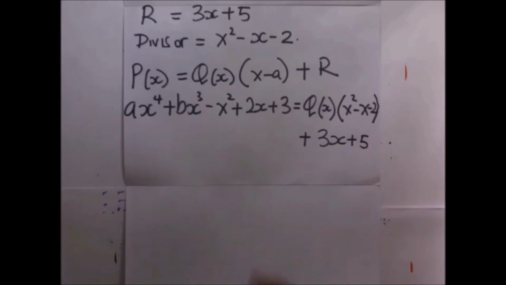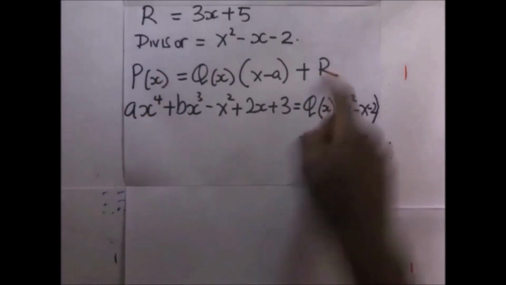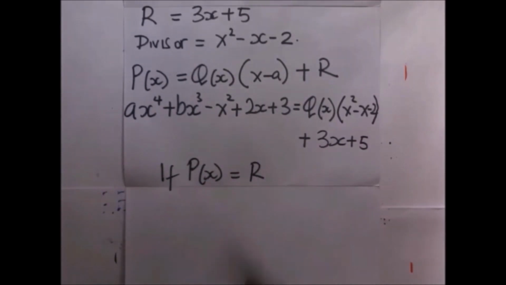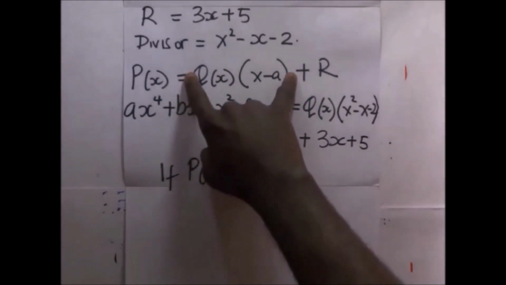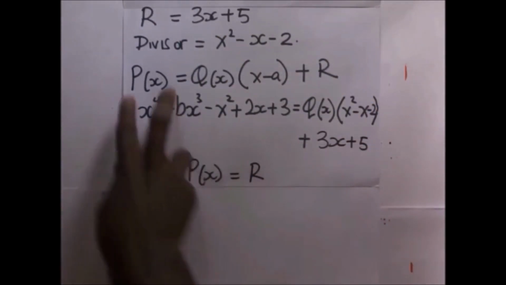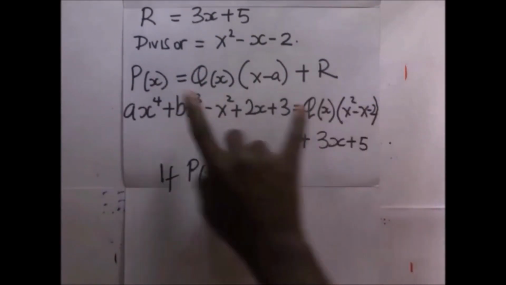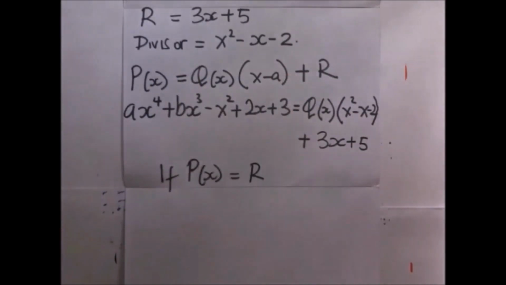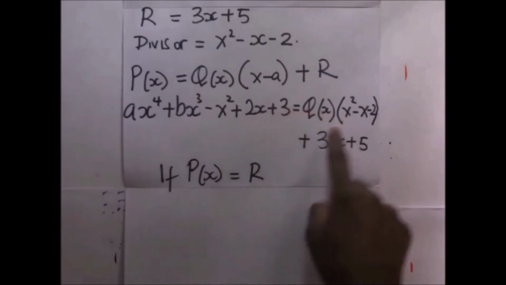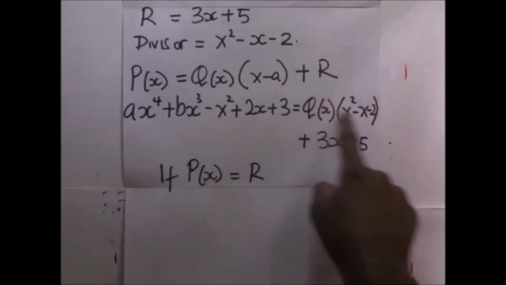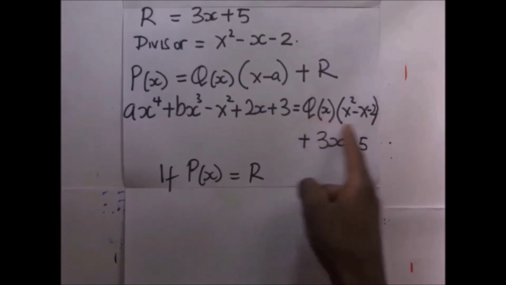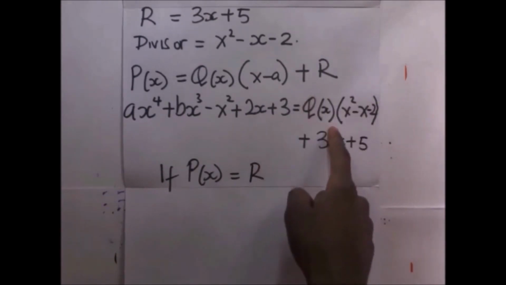We all know that if p of x is to be equal to the remainder, then this whole term should be equal to 0 for that to be possible. For p of x to be equal to r, this whole term must be equal to 0.